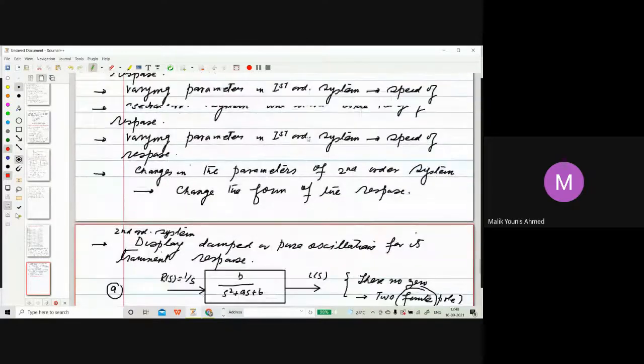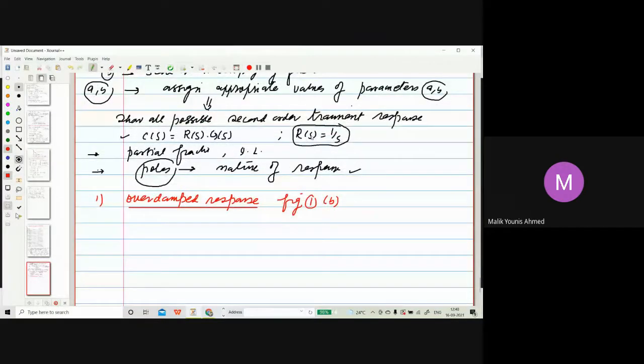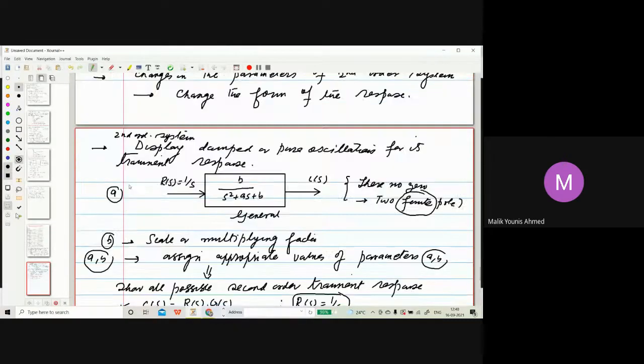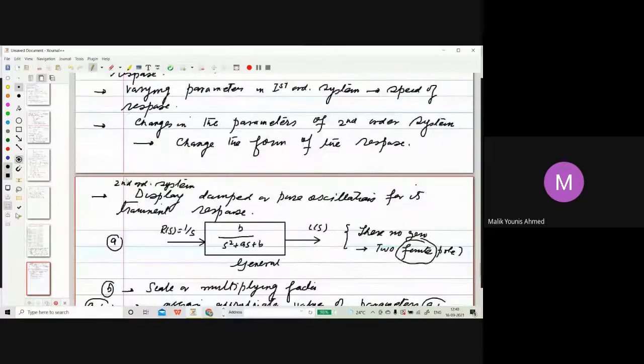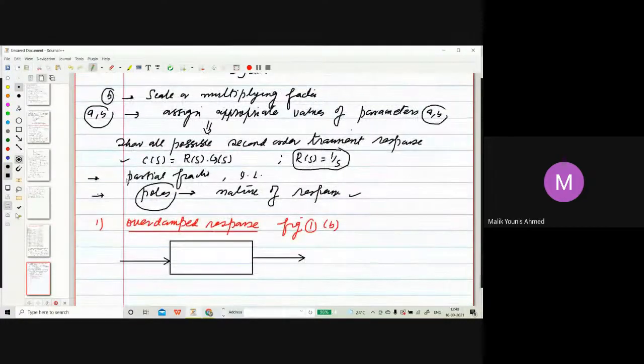A is general, B, you can see here. I will be drawing it again here. Now in figure B, what we are showing is that R of S is 1 by S, so the input is always a step input only.